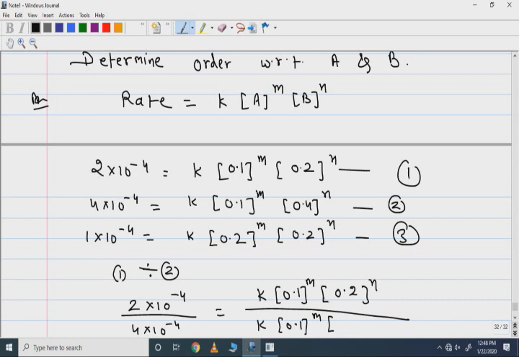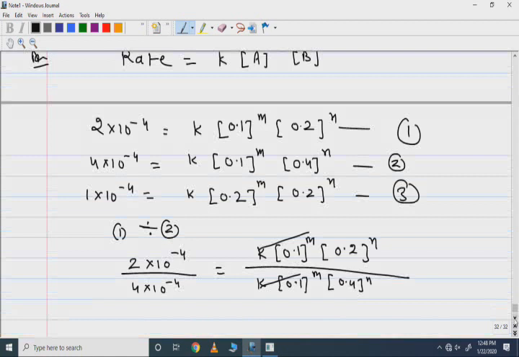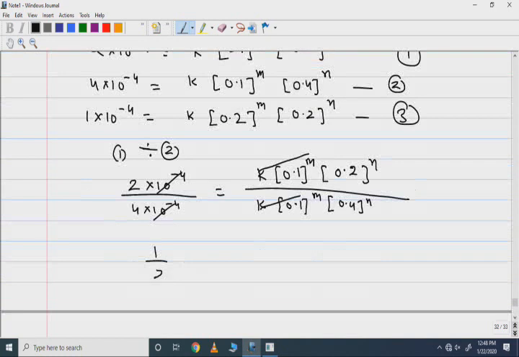Okay guys, so this one is 0.4 n. So now look at this. This one will get cancelled out, okay, and obviously this one will get cancelled out, and what can I say, that this is 1 by 2 is equals to 0.2 upon 0.4. On solving, I'll have 1 by 2 having power n.